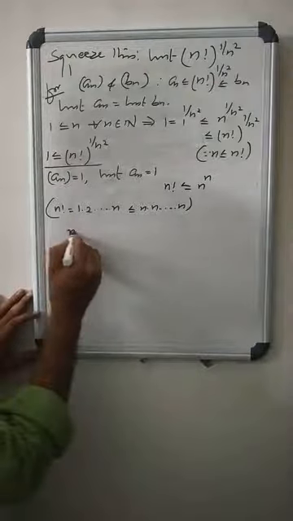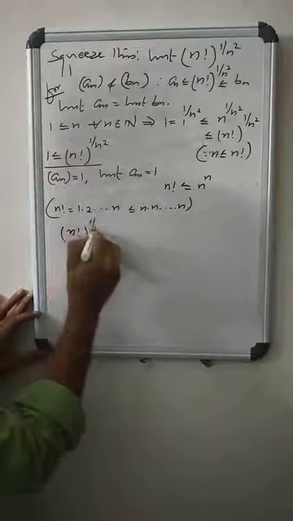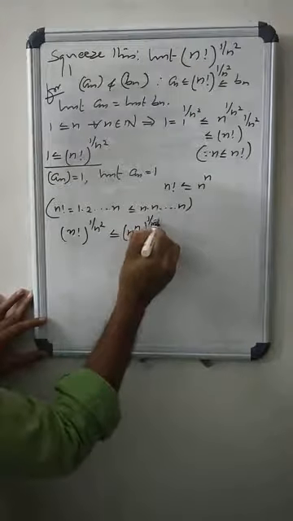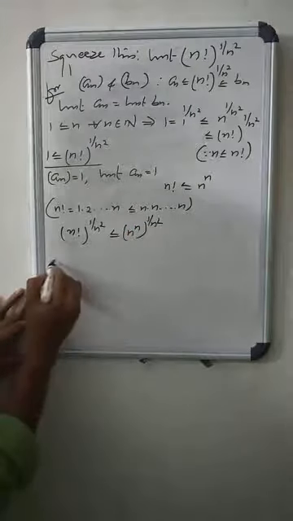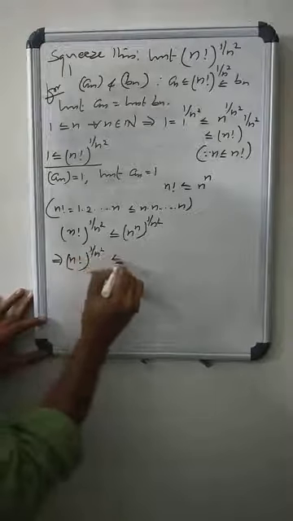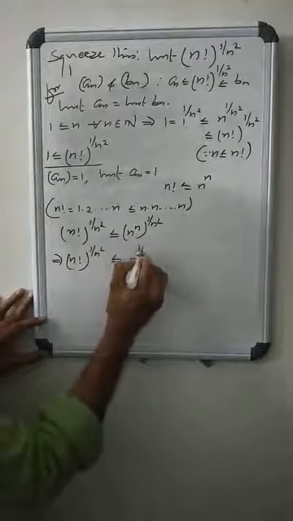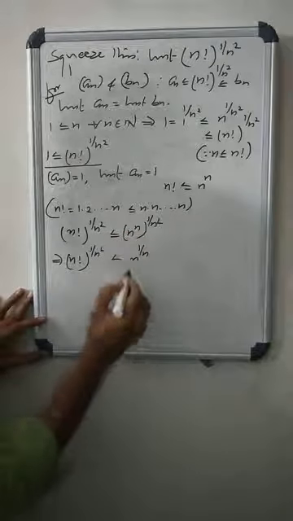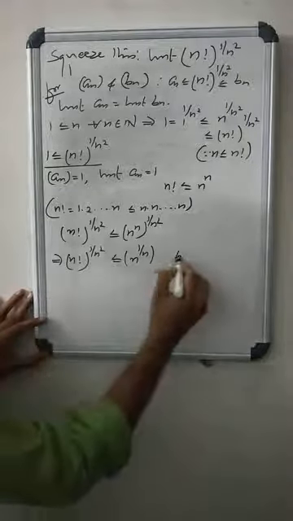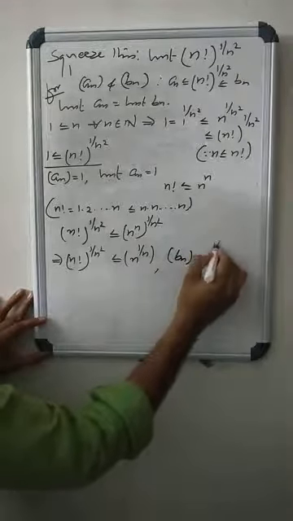That means (n factorial) power 1 by n square is less than or equal to (n power n) power 1 by n square, which is n power 1 by n, since one n cancels. Therefore choose bn equals n power 1 by n.